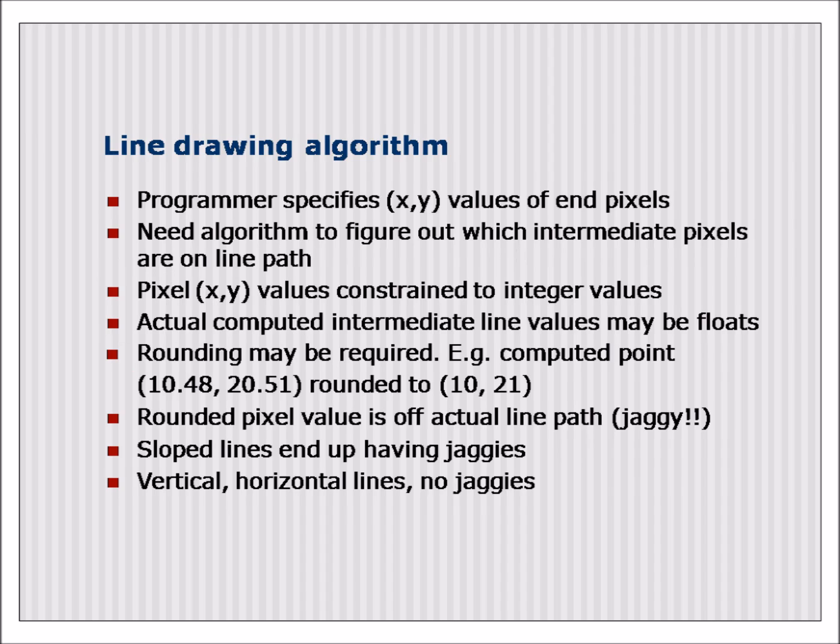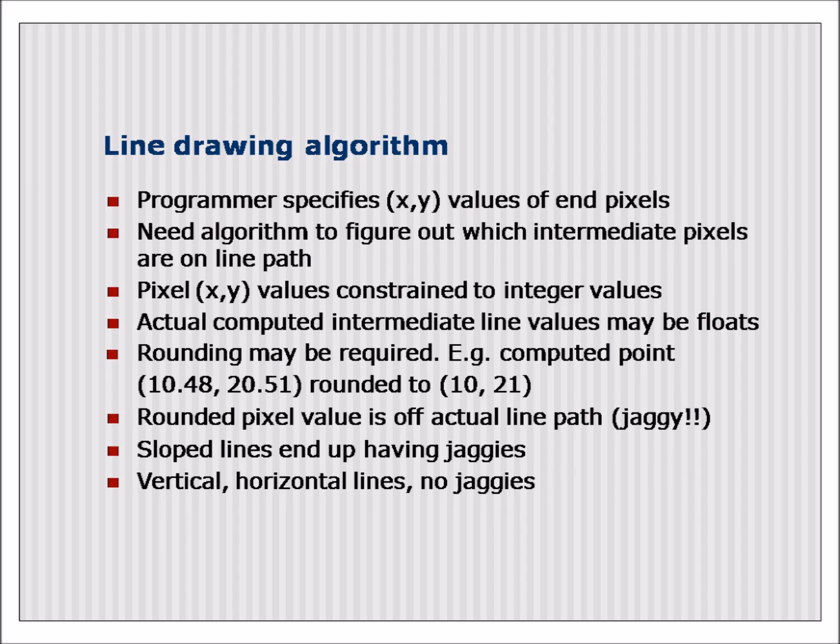This could be achieved by a few steps, which are shown on the slides. Number one, the programmer specifies x, y values of end pixels. That is, we need to specify the starting and ending of the line in terms of points. Then number two, we need algorithms to figure out which intermediate pixels are on the line path. Here we can use the DDA or Bresenham algorithm for drawing the line.